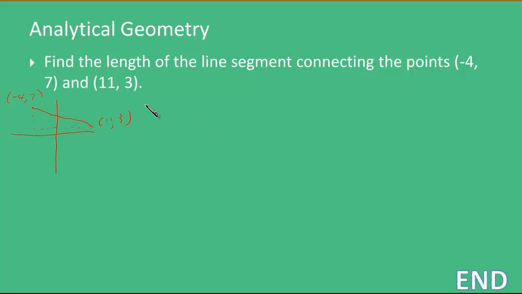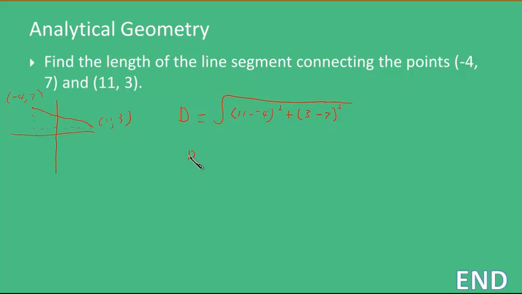And so we want the distance there, so let's just use capital D for the distance, and it'll be what? The difference in the x's, so that's going to be 11 minus a negative 4, and then we square that, and the difference in the y's, that's 3 minus 7, squared.